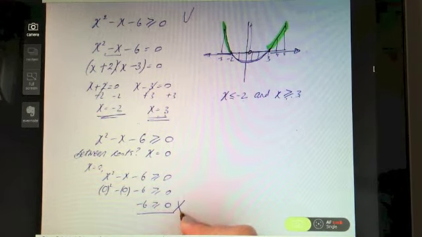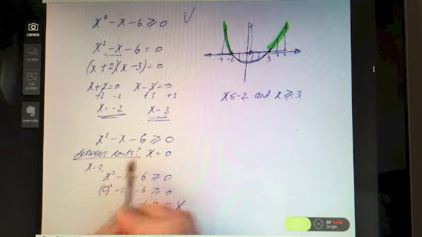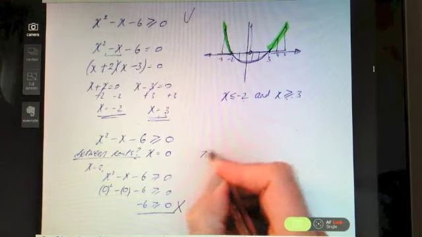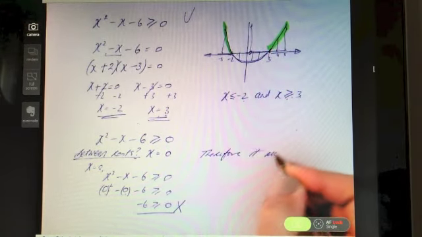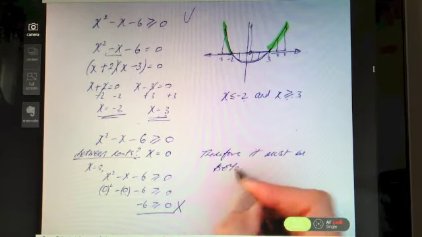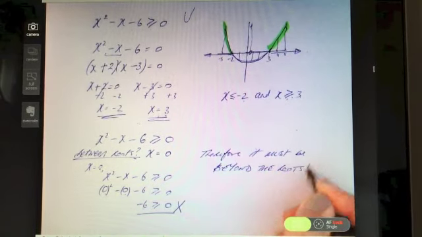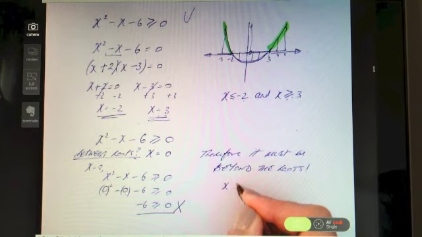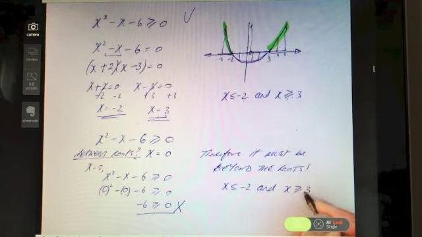So that's not true, which means it's not in between the roots. Therefore, it must be beyond the roots. So therefore, it must be less than or equal to minus 2 and greater than or equal to 3.